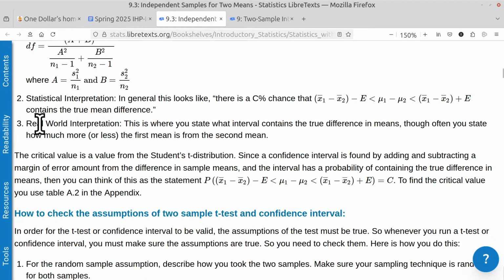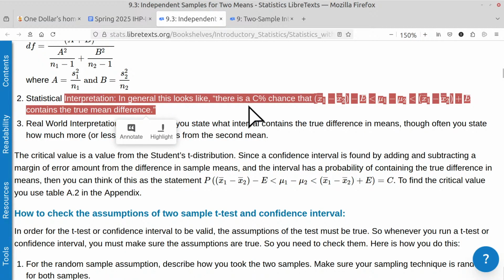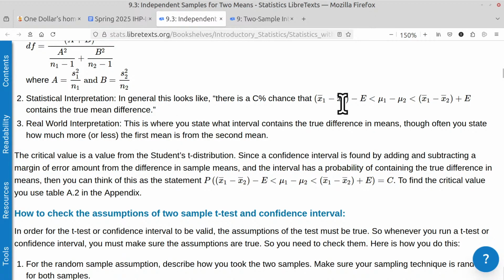Statistical interpretation. In general, there is a C% chance that the lower limit, x bar 1 minus x bar 2 minus E, is smaller than mu1 minus mu2, which is smaller than x bar 1 minus x bar 2 plus E, contains the true mean difference.